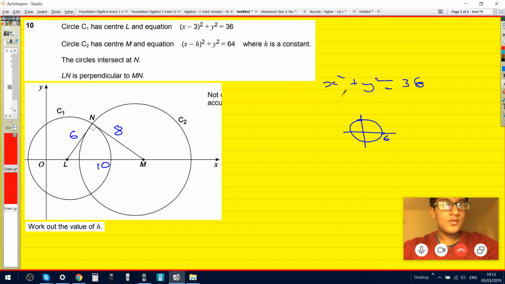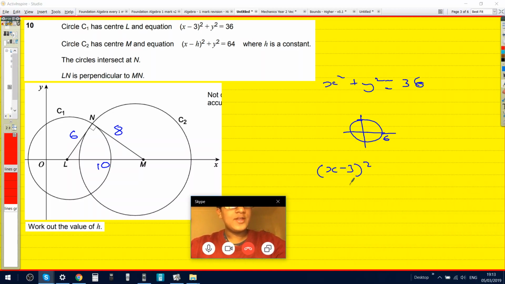What will x minus 3 do to it? It shifts it 3 to the right, I think. And so where will the radius intersect now? Yeah, it will intersect 3. The center would be 3, 0, I believe. Yep.